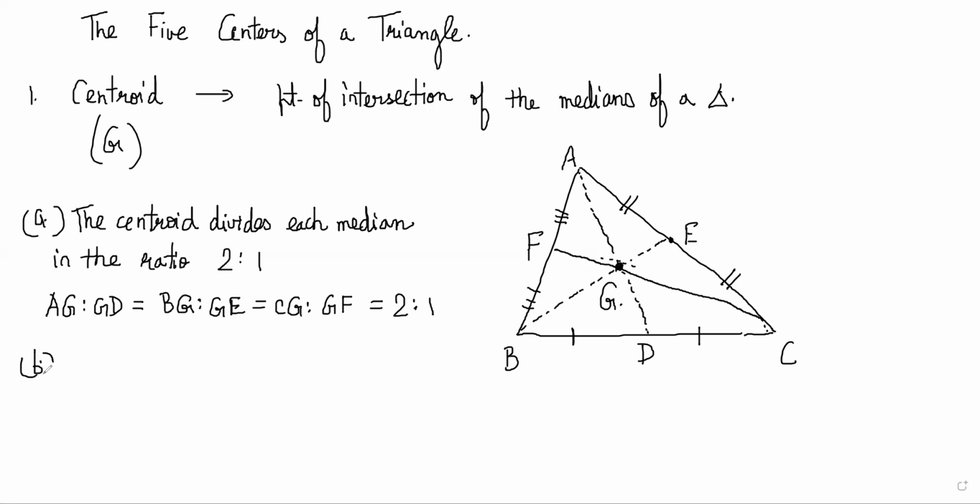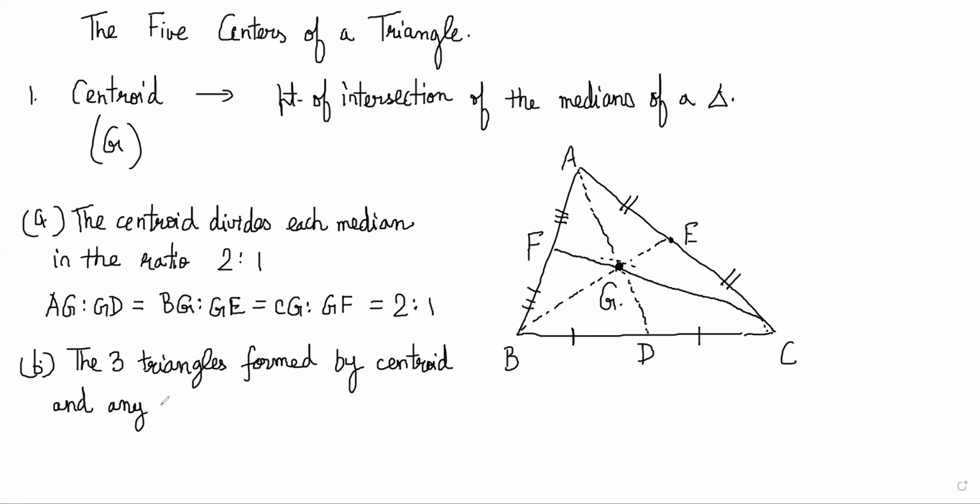And the second property is the three triangles formed by the centroid and any two vertices have the same area.